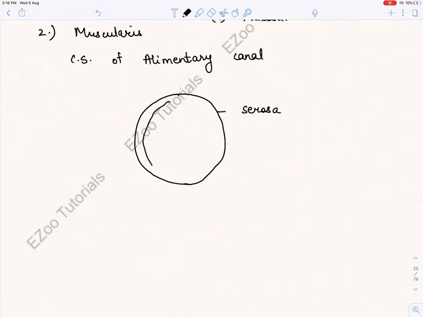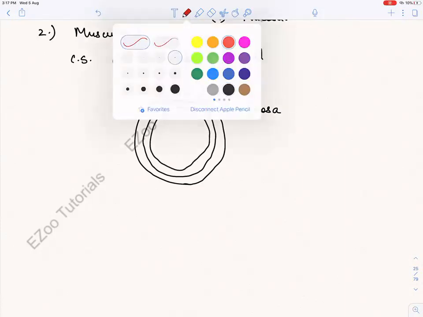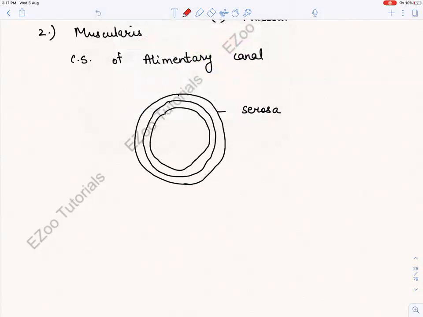So this is the inner circular portion, and this is the outer longitudinal muscles.